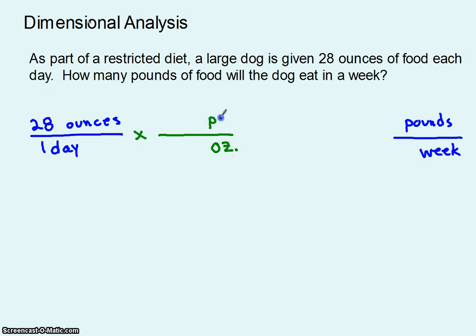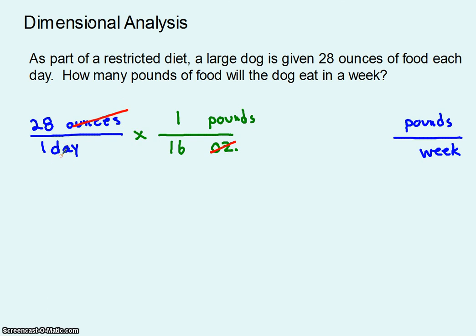I want pounds. Okay? Now, I do need to know the right numbers. Is it 16 pounds is 1 ounce, or 1 pound is 16 ounces? Well, it's 1 and 16. Got to be careful there. Okay? That will allow the ounces and ounces to cancel out, leaving me pounds per day.